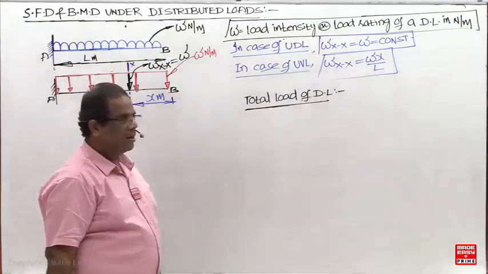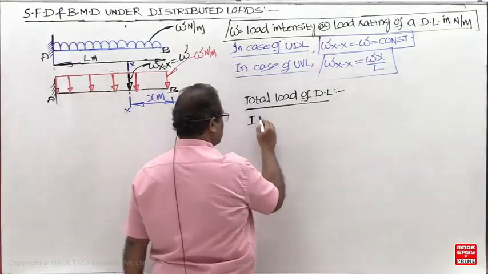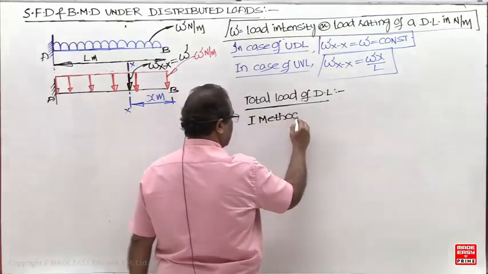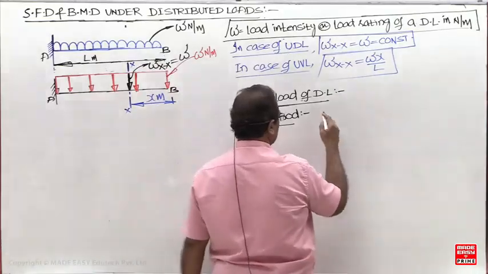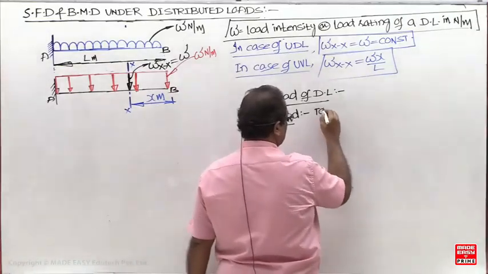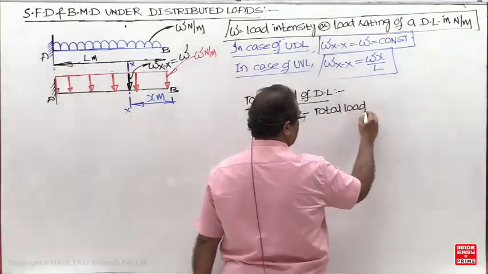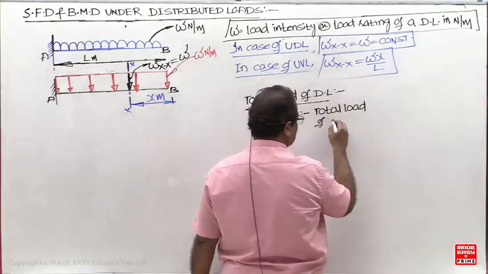This can be calculated in two ways now. What is the first method now? Integration. Total load is going to be given by integration.